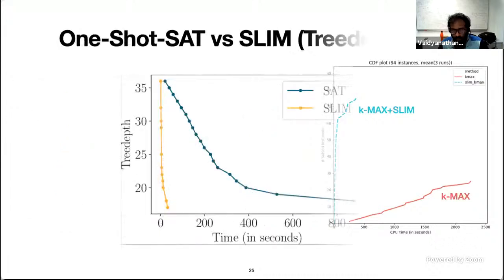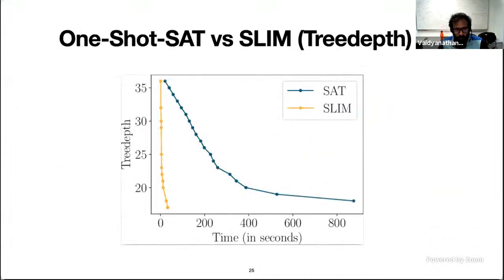And one last thing that I'd like to point out, which we found really interesting, was that in many cases, this Slim version of the encoding, which is iteratively running over local parts to obtain the solution, was also much better than the one-shot version, which is in cases where the global instance is small enough to be encoded and solved practically by just a single SAT encoding.